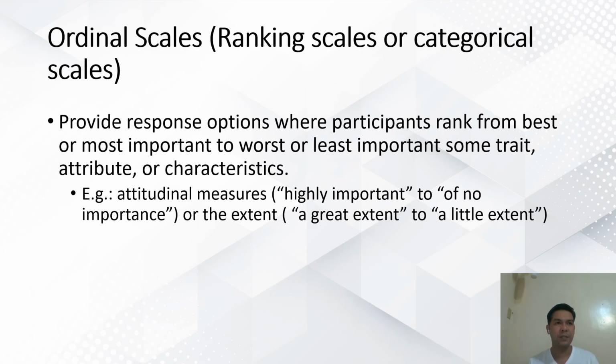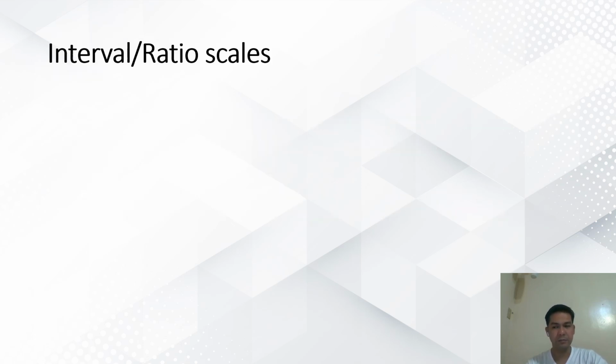So, sometimes ordinal scales are misinterpreted as Likert scale. Sorry, not as Likert scale, but as quasi interval. So later in the slides, you will know when to use this kind of attitudinal measures or extent and make them as interval or quasi-interval scales.